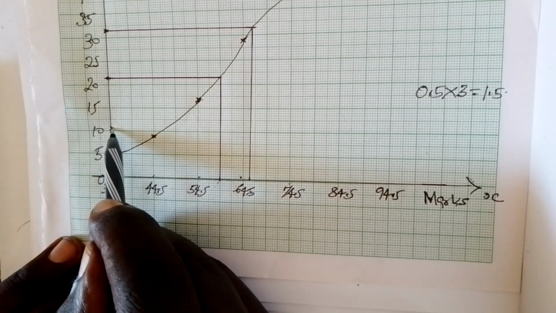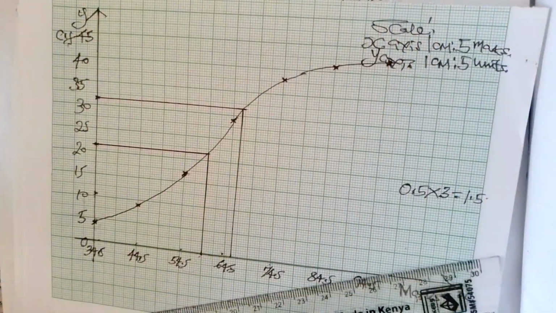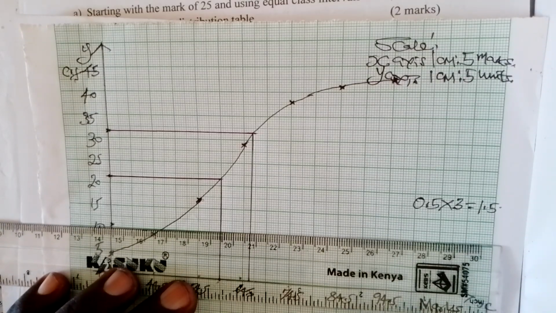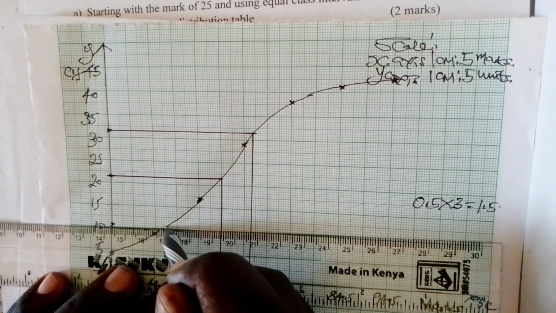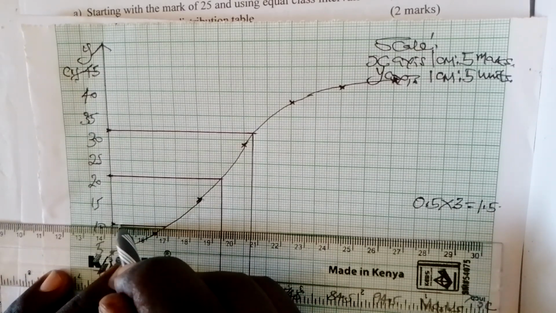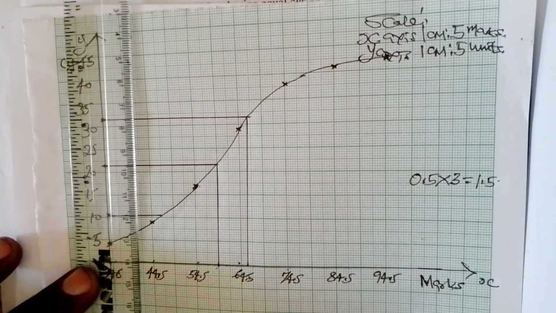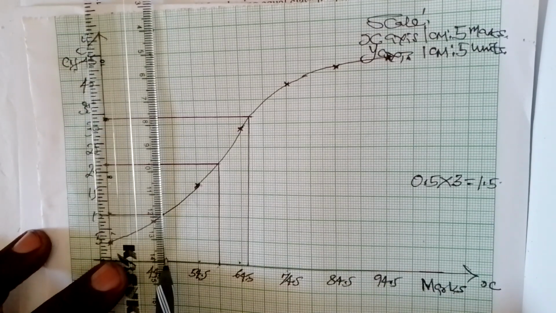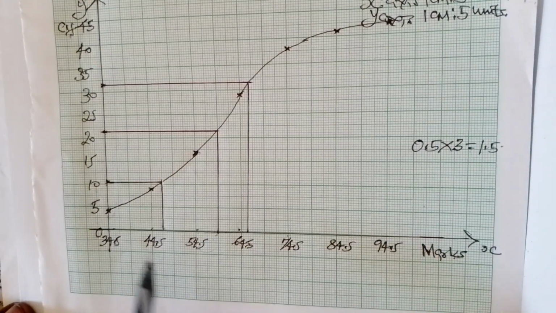We have put a mark. And then you get your ruler, draw a horizontal line after that square, and then draw a vertical line to read off that value after 44.5.